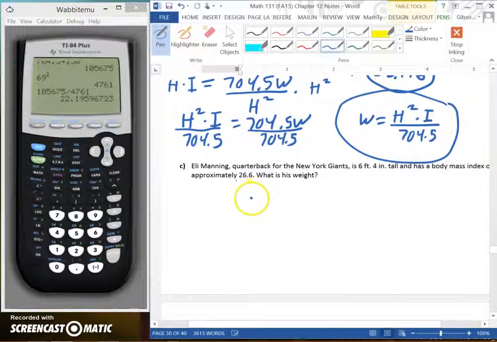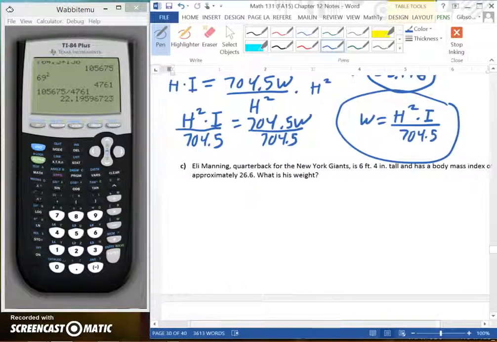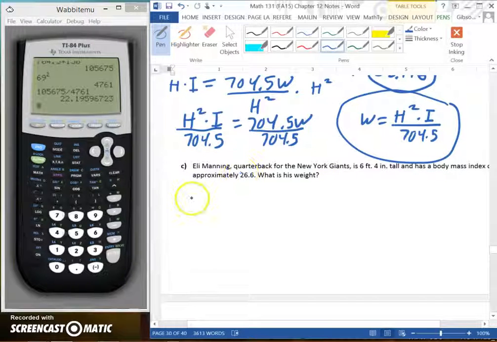Okay, Eli Manning, quarterback for the New York Giants, is 6 feet 4 inches tall and has a body mass index of approximately 26.6. What is his weight? We already have the weight formula: W is equal to H squared times I over 704.5.